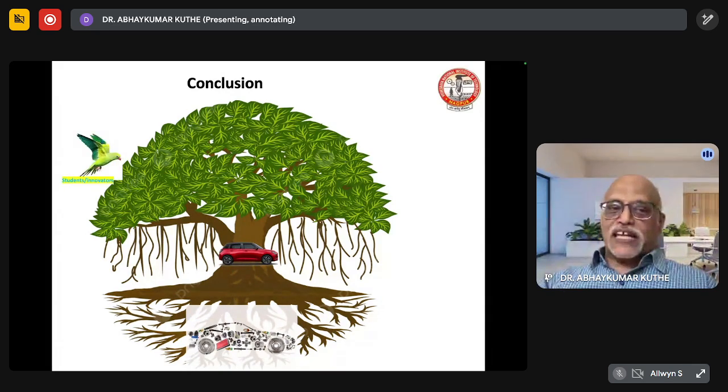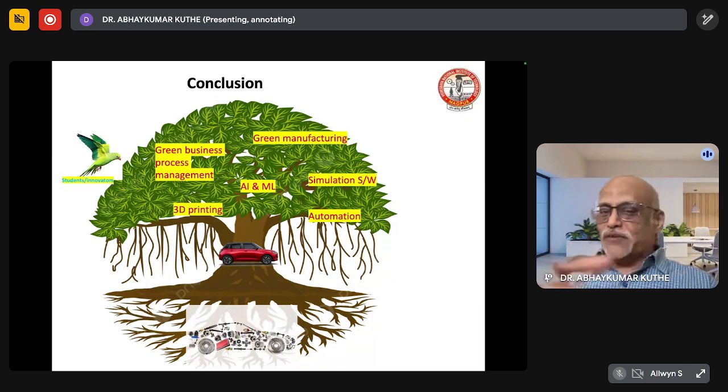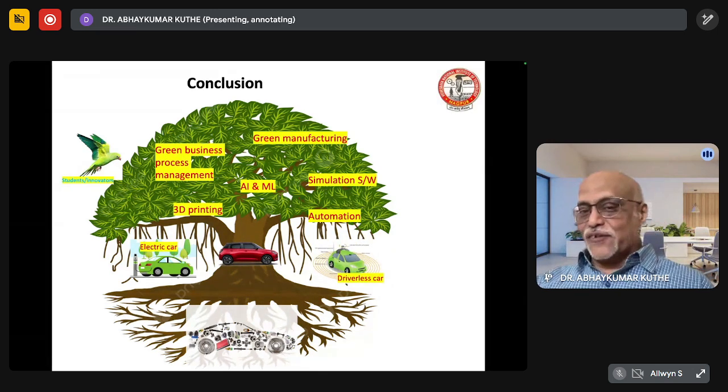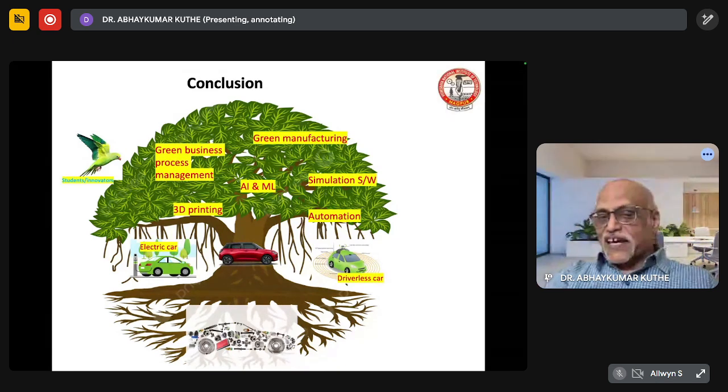Now, then you allow the innovator students to come into the picture, and then use the various tools, the one which I already mentioned. And then there will be what is called the innovative product, like the electric car or maybe the driverless car. All these things indicate that you have to use all this together to get the innovative product.